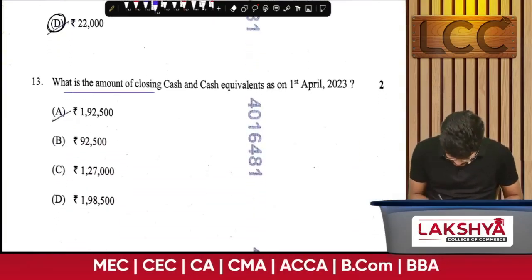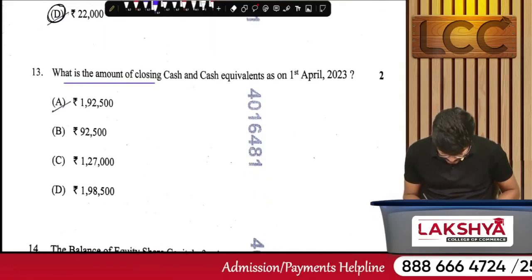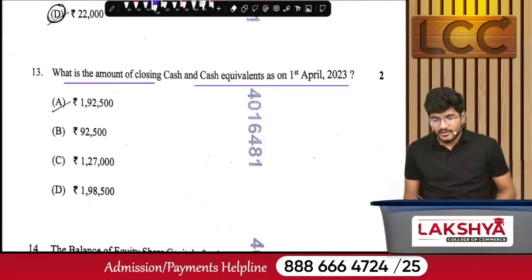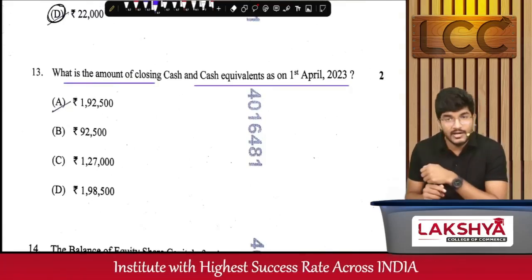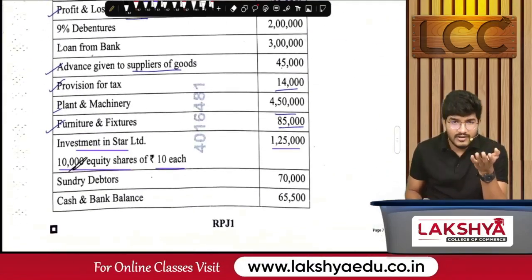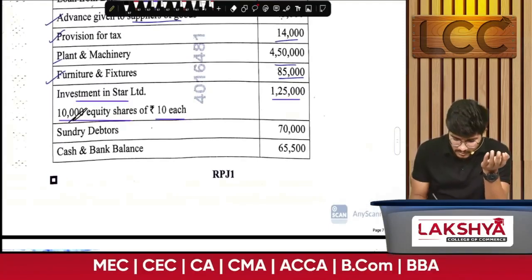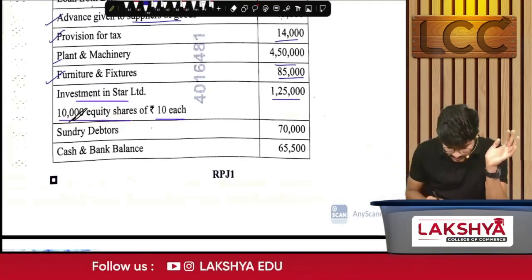Now, what is the amount of closing cash and cash equivalents as on 1st April 23? So first, for that we should prepare a cash account. Without preparing a T-shaped ledger, we can just prepare a statement like plus minus.